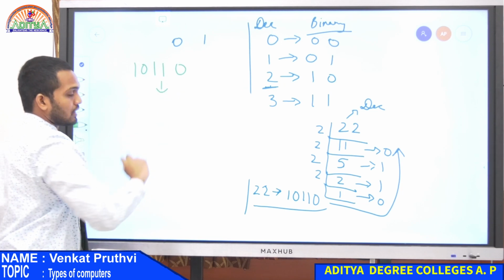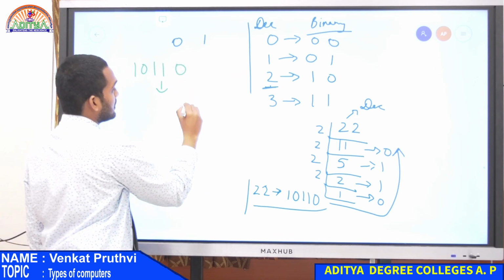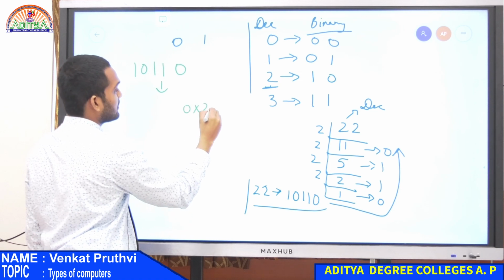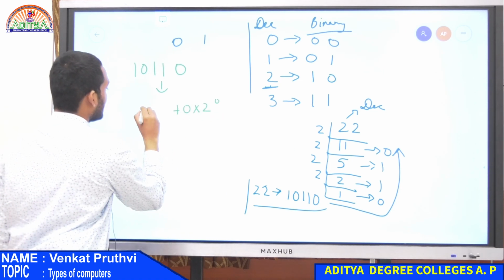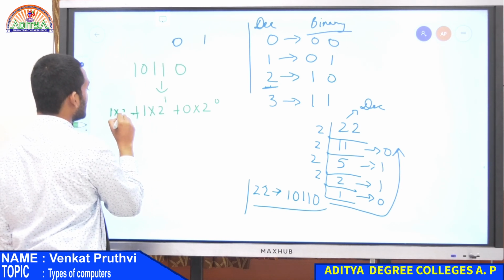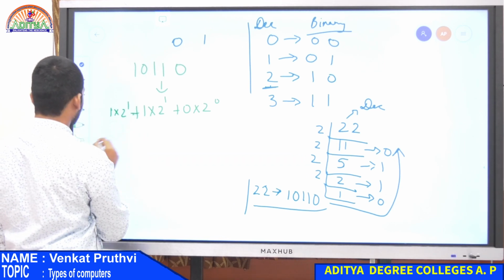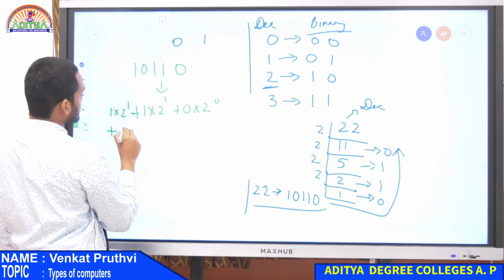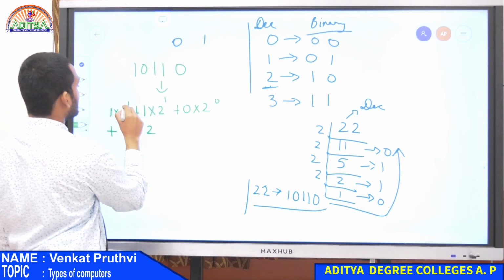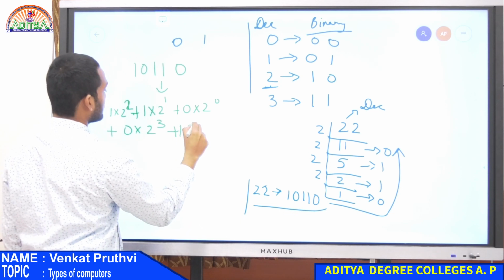10110, right? So, whenever you are converting your binary number into decimal back, now carefully listen over here. The first digit you have to consider, 0 into 2 power 0, plus 1 into 2 power 1, plus 1 into 2 power 2, plus 0 into 2 power 3, plus 1 into 2 power 4.